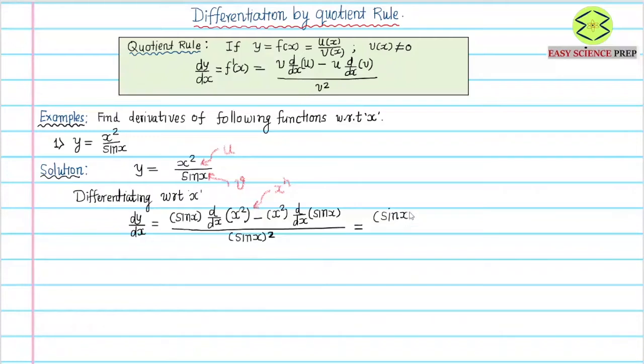Sin x stays as it is. The derivative of x square by the x raised to n rule is 2 x raised to 2 minus 1, minus x square as it is, with no differentiation, times the derivative of sin x.